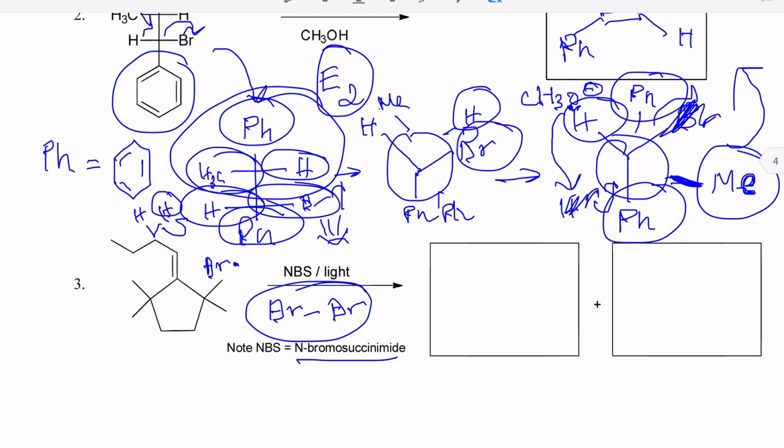So allylic radicals are quite stable because they are resonance stabilized. This double bond here can actually do resonance with this carbon radical.